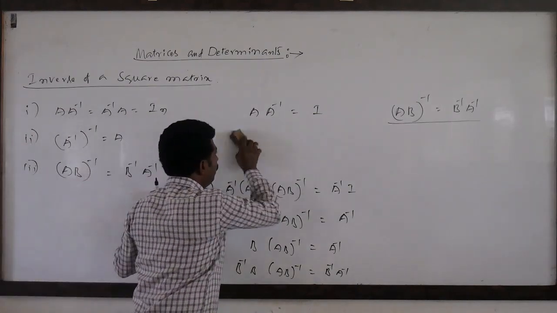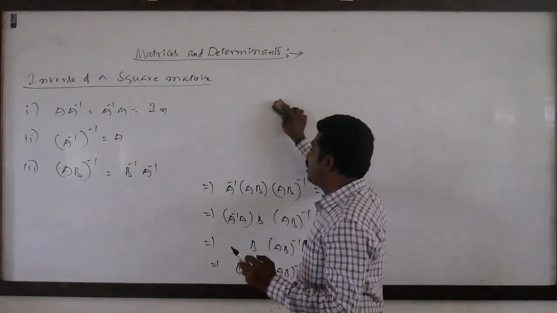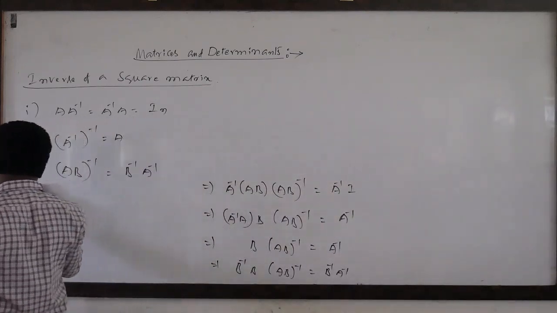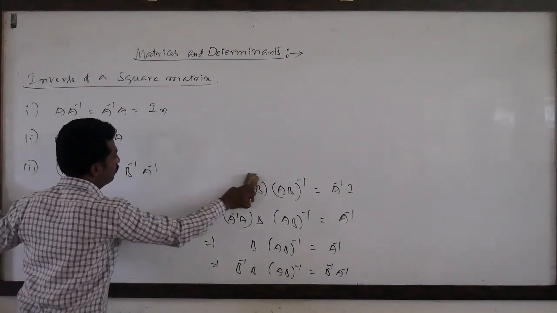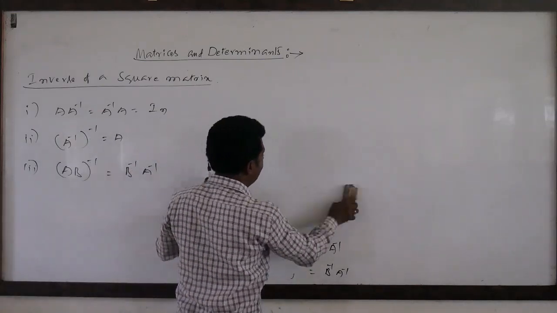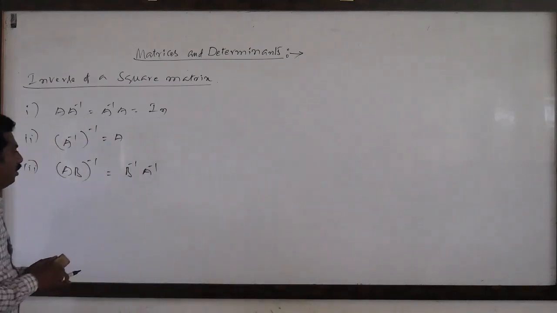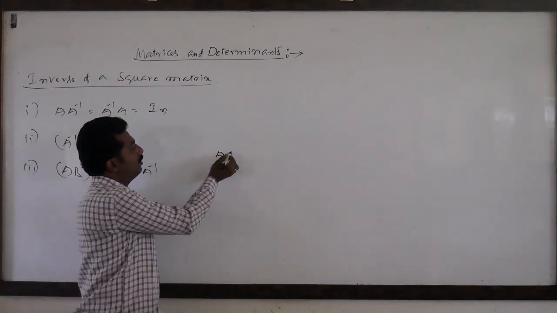Before that, for any matrix, for an inverse to exist, it must be a non-singular square matrix. So an inverse exists means it is compulsorily non-singular.